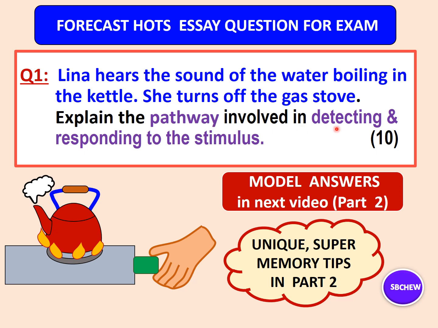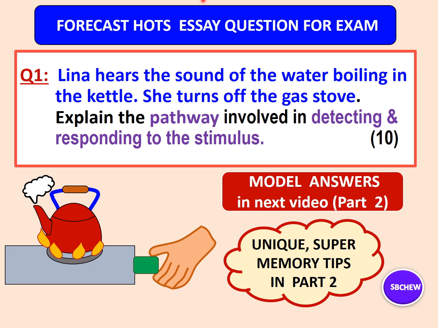And what happens in the whole body? So you have to talk about the components of the coordinating system, which you have just discussed in the previous slide. And you must read the action carefully. She hears the sound of the water boiling and turns off the gas stove. As an example, this is the response. So what are all these? The sound and so forth.